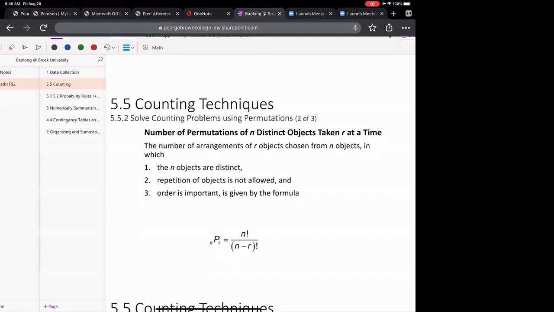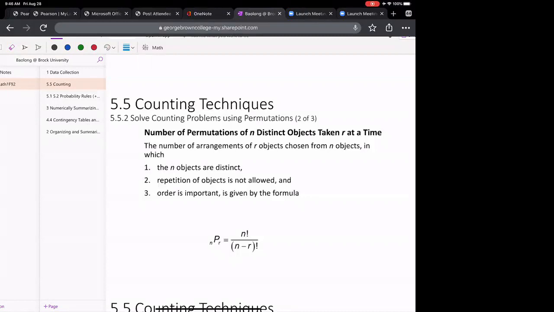There are some restrictions. One, the n objects are distinct. If you have 10 textbooks, those 10 textbooks are totally different. You cannot have, for example, 2 mathematics textbooks. Number 2, repetition of objects is not allowed. Number 3, order is important.